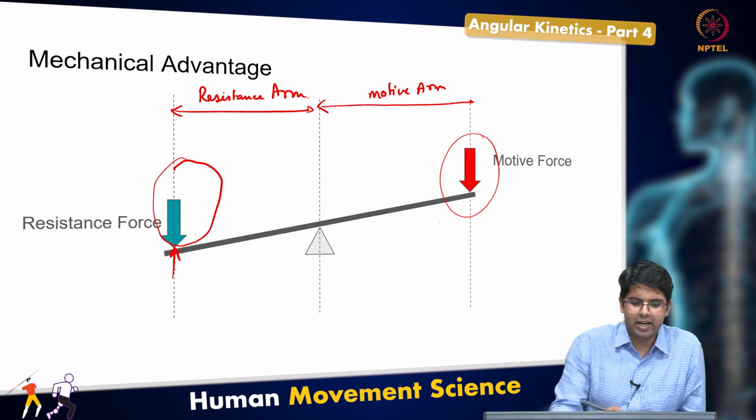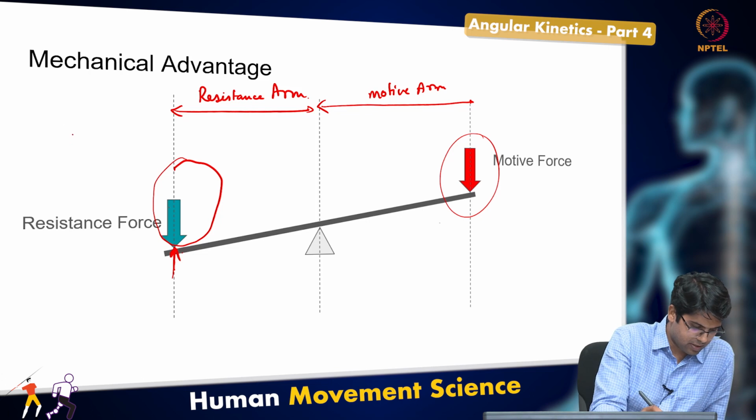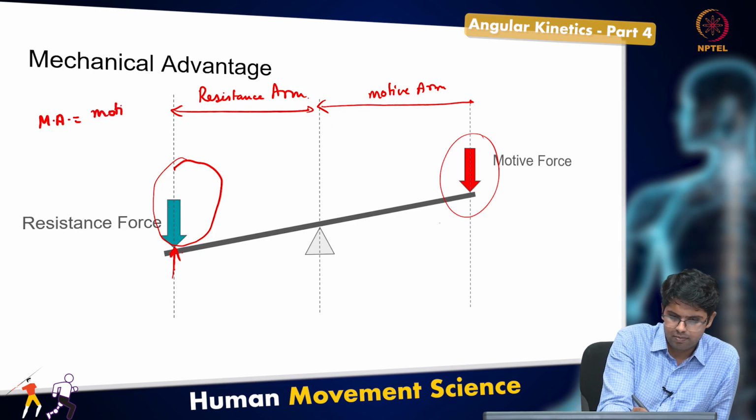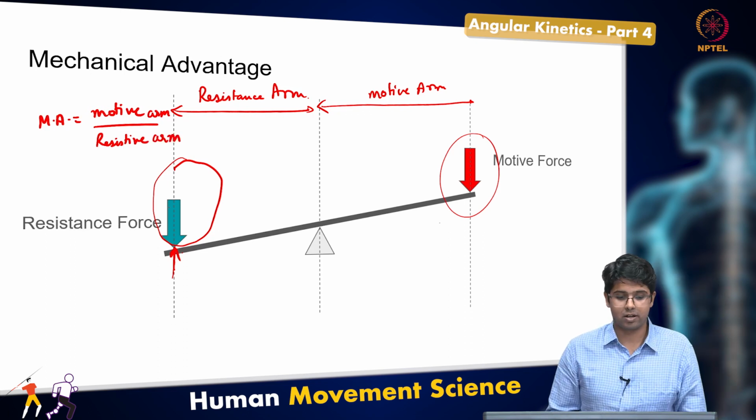Okay. So mechanical advantage is motive arm over resistive arm. Okay, it looks like this does not include the force at all. It's just pure geometry. Okay, let's try and understand this.